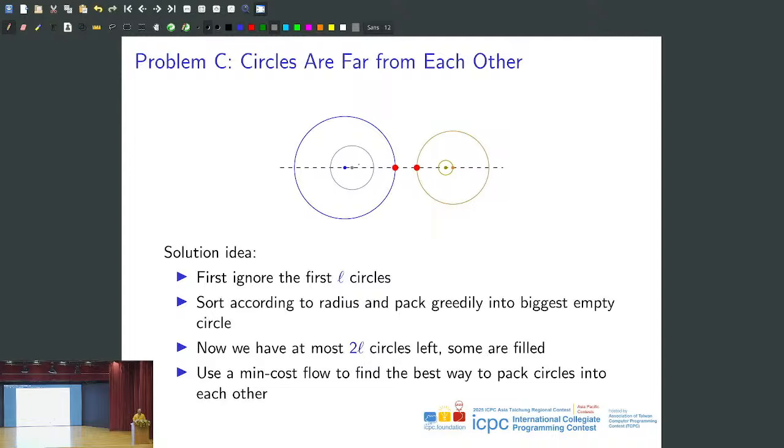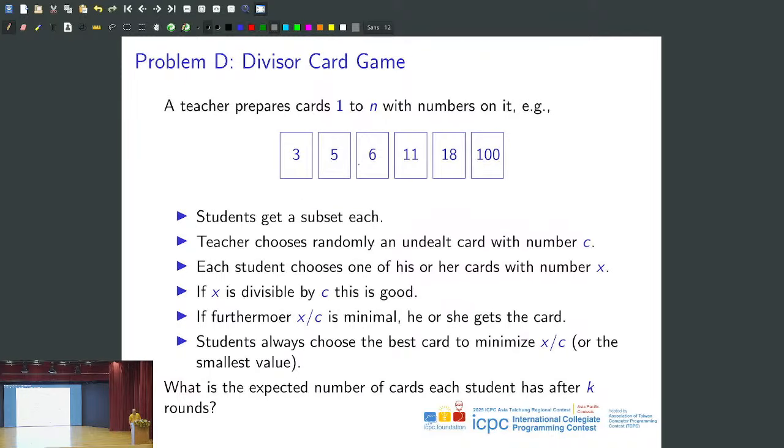So this was already an extremely hard problem, and this one is maybe even harder. Here you have cards with numbers on them, and there's a game. There's a teacher and some students.